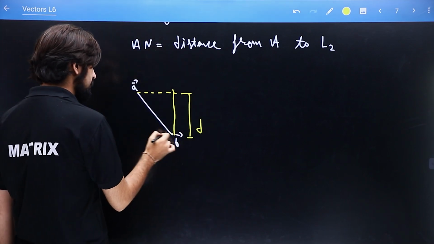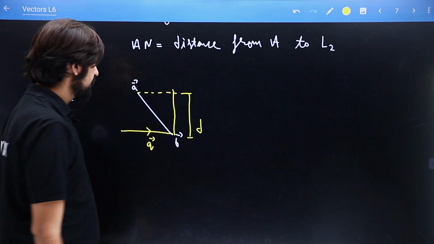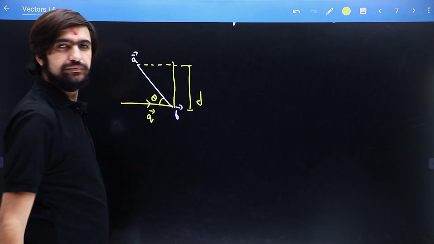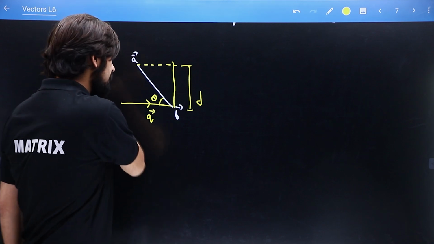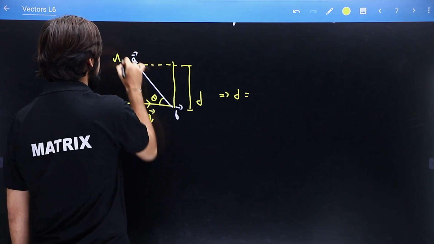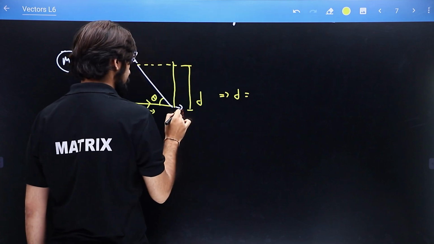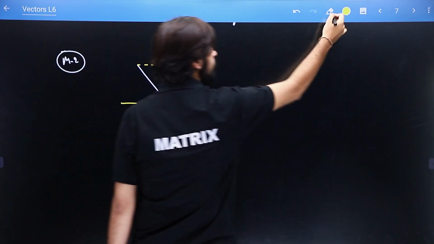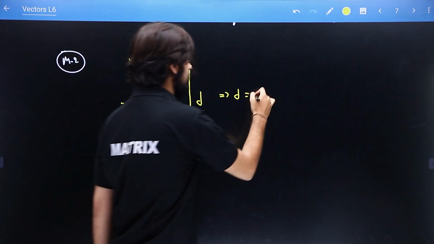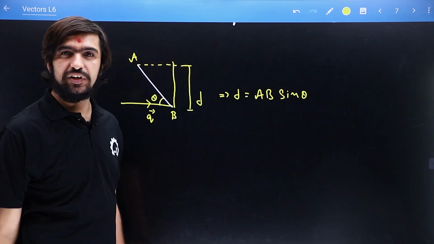This vector is given to you, this is vector Q. Let's say the angle between AB and Q is theta. So D will be AB sin theta. We will use vectors A and B whenever required. So D will be AB sin theta.